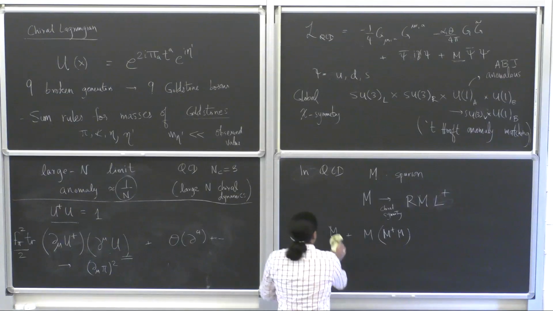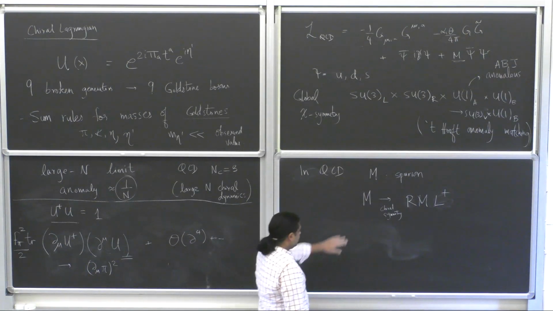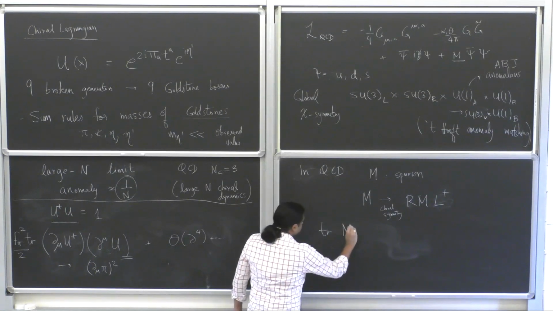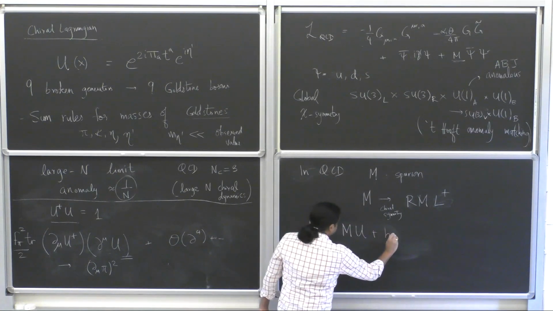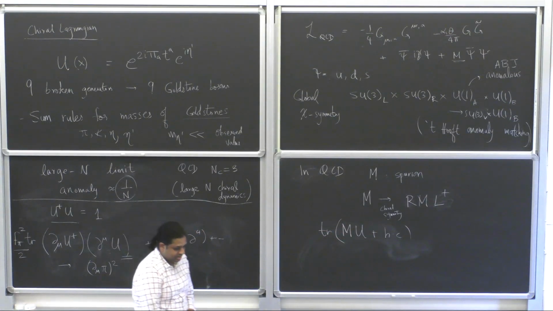So the leading order term that you can write down, the leading order term in the perturbation theory in M, is this quantity.